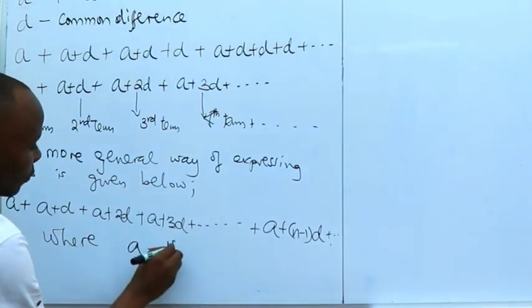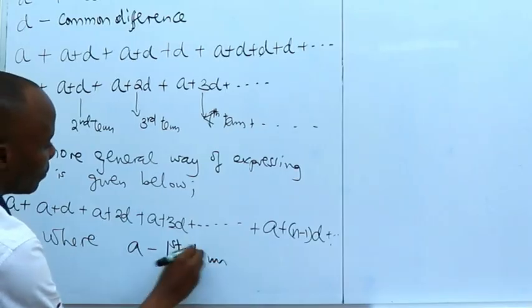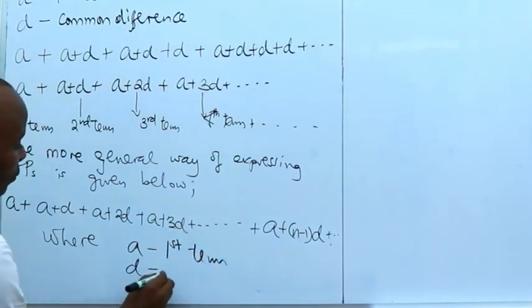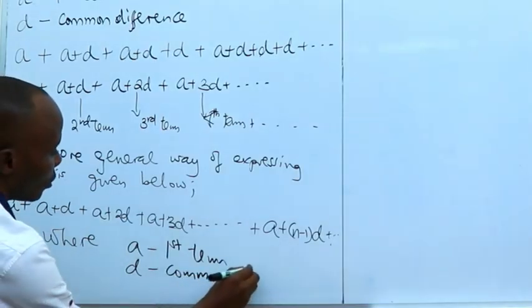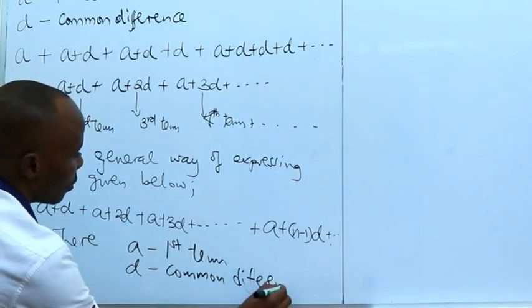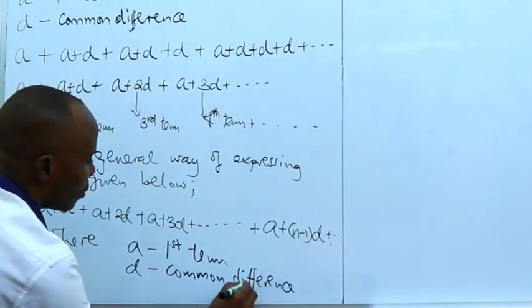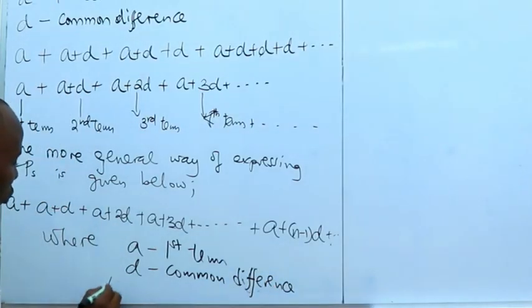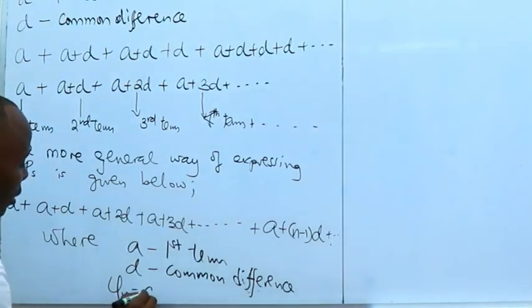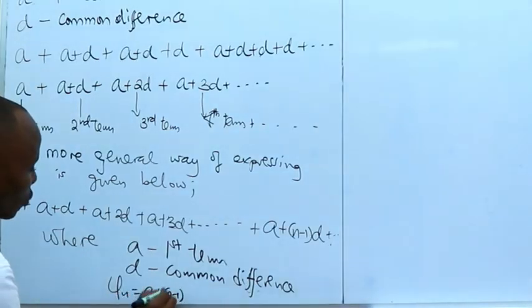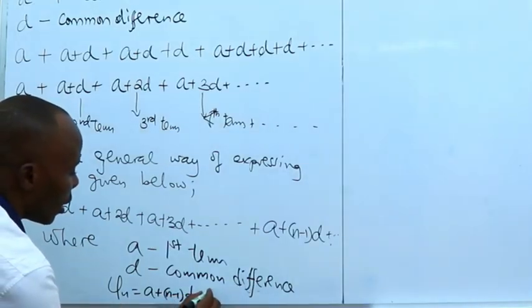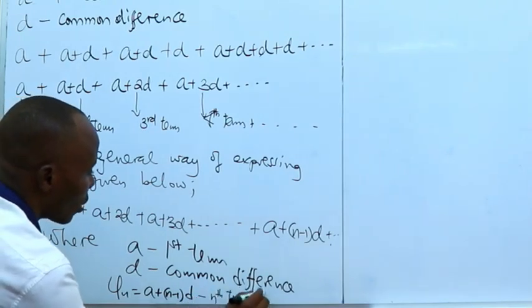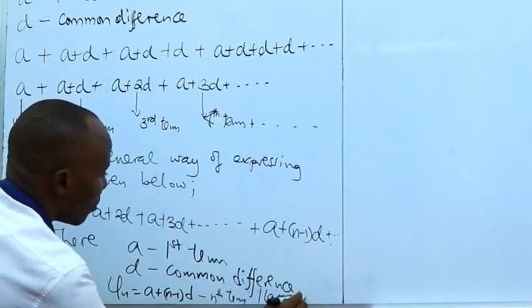A is the first term, D I've called the common difference, and Un, which is A plus n minus 1 into D, is the nth term, or last term.